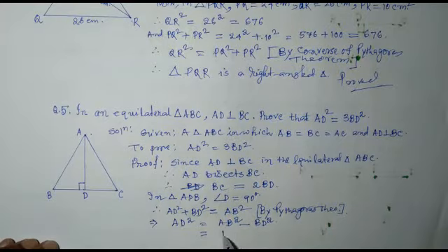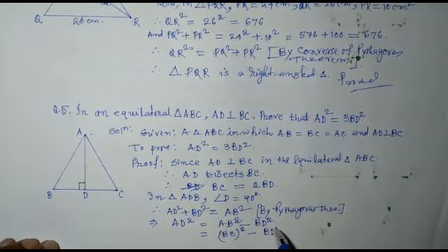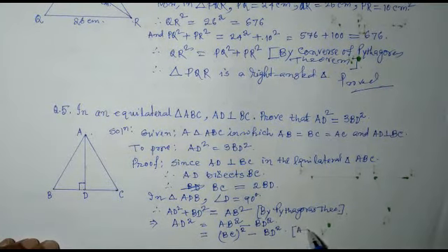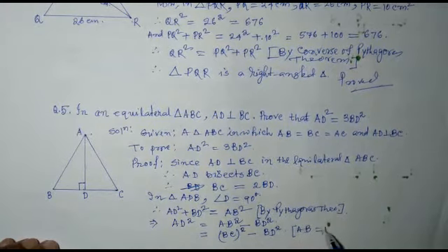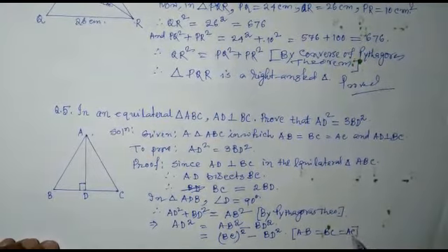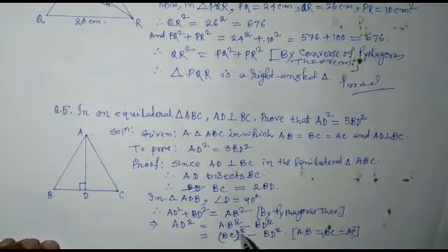So for AB we can write BC, whole square, minus BD square. Even AB equal AC also, no problem. So we can just write BC square minus BD square.